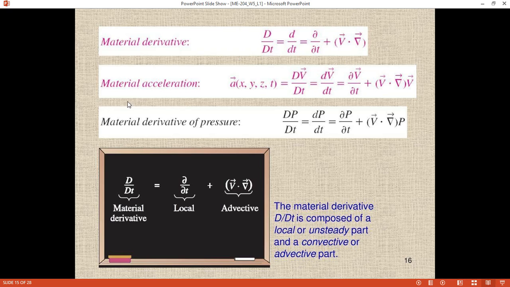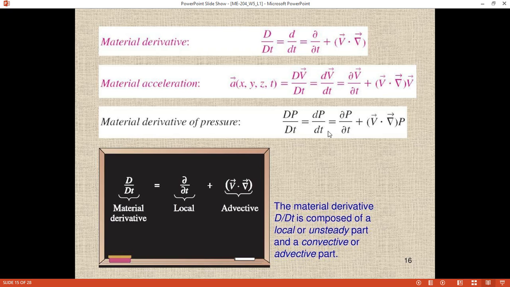Now the material acceleration. If you are considering a flow field, if you write a velocity vector, it is going to be the acceleration field. If you put pressure here, it is the material derivative of pressure. Whatever the component is, that becomes a material derivative: temperature gives the material derivative of temperature, velocity gives the material derivative of velocity.